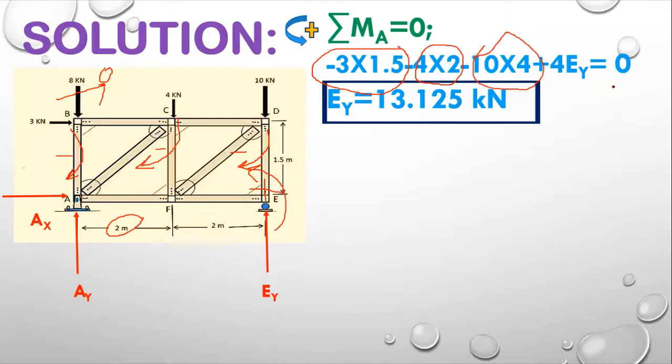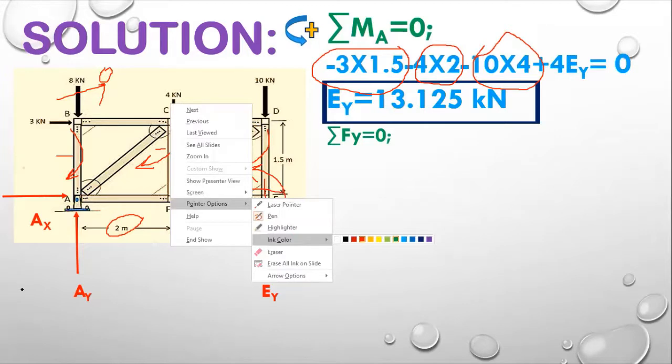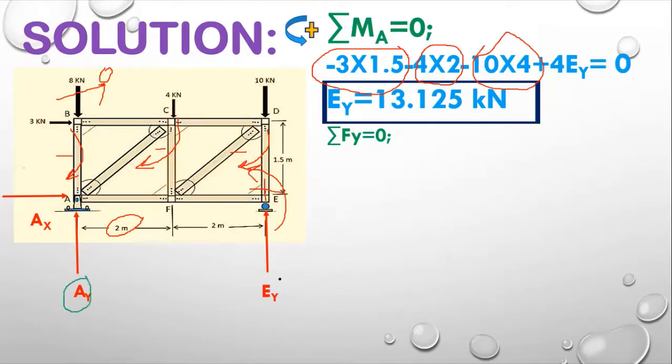How can we sum up vertical forces? How many forces are here? AY plus EY. You can see here, let me take another color of pen, and for example this is AY. When we sum up vertical forces, AY plus EY, minus 8 kilonewton, minus 4 kilonewton, because these forces act downwards, parallel to the minus y axis.